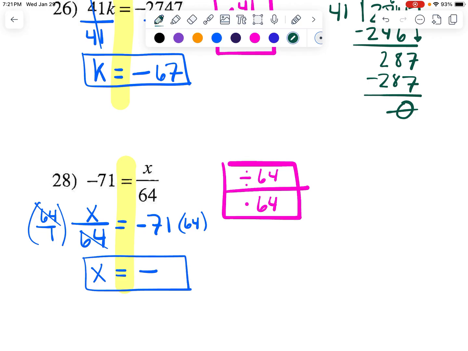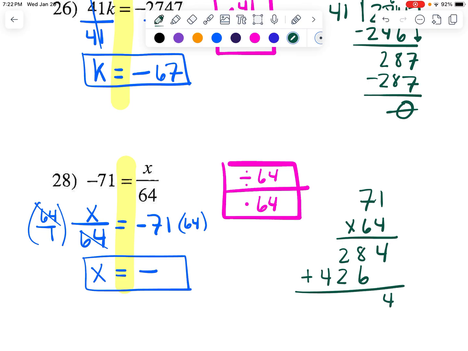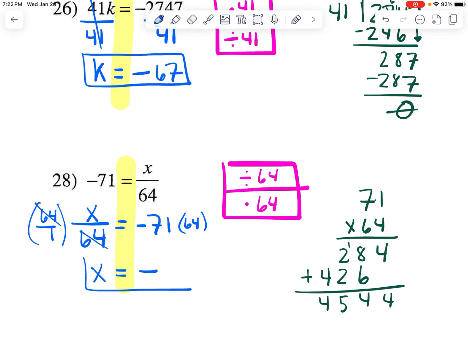Oh, we got to do a little side calc. 71 times 64. All right, well, I hope you know your times tables by now. We need to add these up. I get 4, 14, carry 5, 4. So my answer is going to end up being negative 4,544. Ooh, that's a big number.